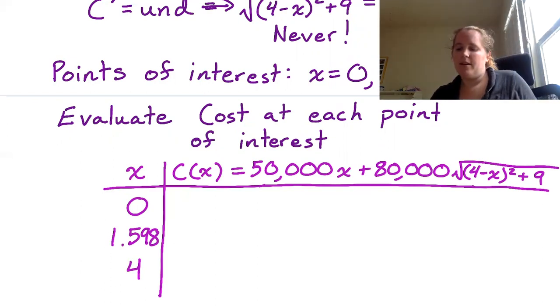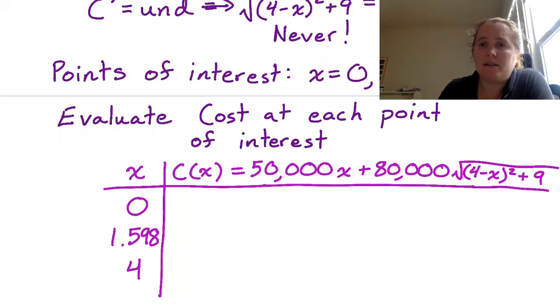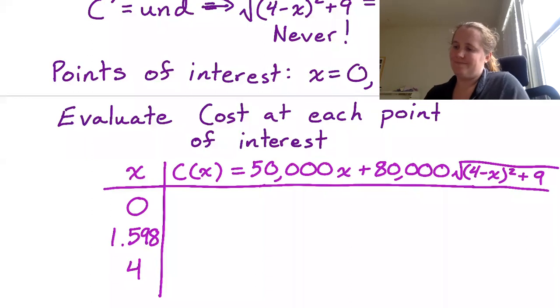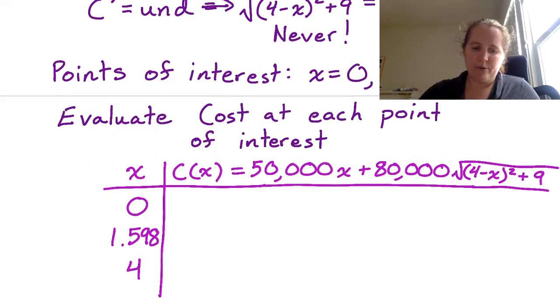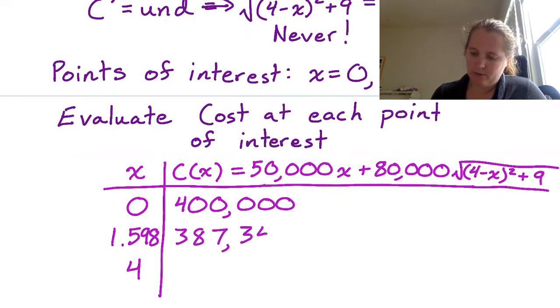So if we plug in these values, what we wind up getting is, when we plug in x equals 0, we get 400,000. When we plug in our x equals 1.598, the more exact value, you get 387,349.94.